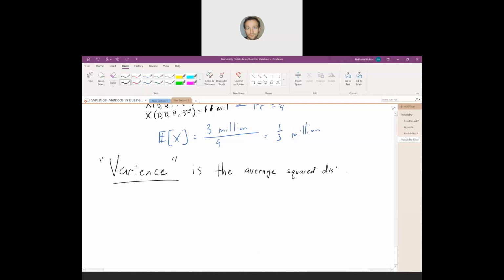Not just the average distance, but the average squared distance of x around the expectation E x.